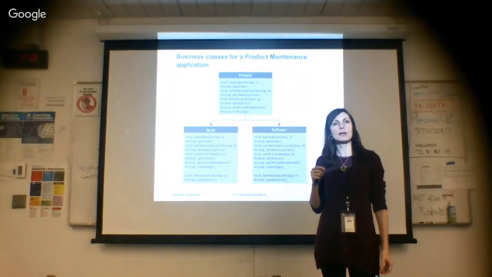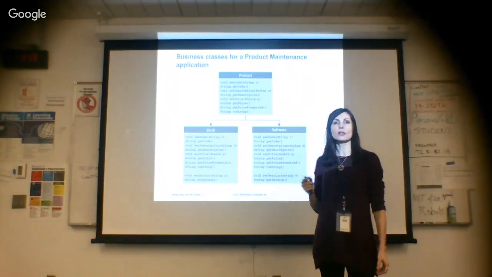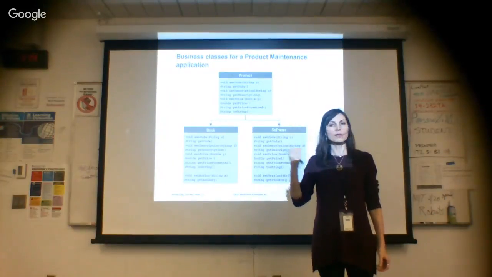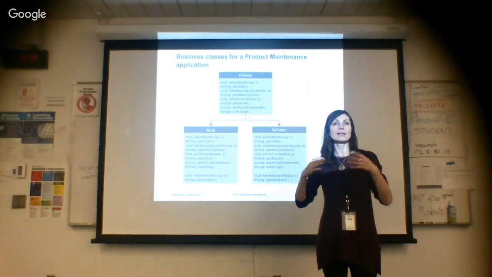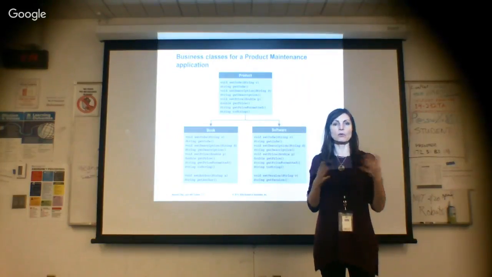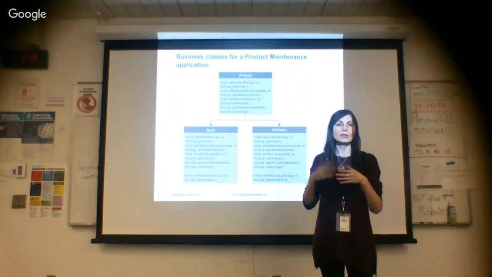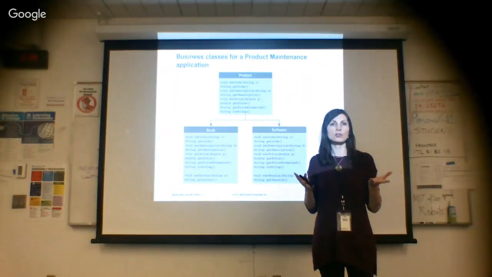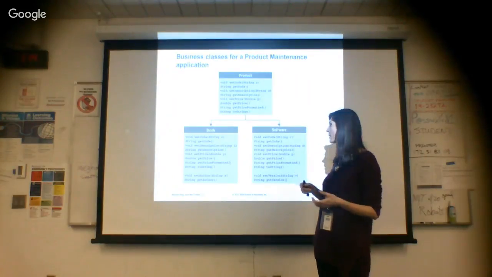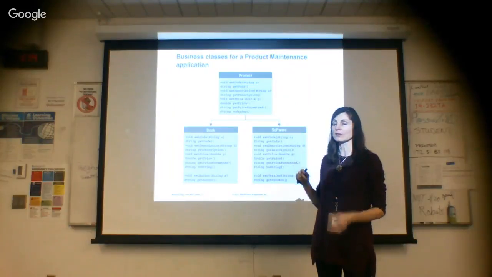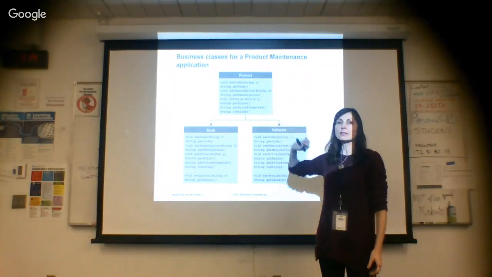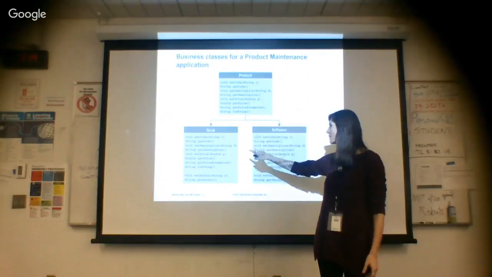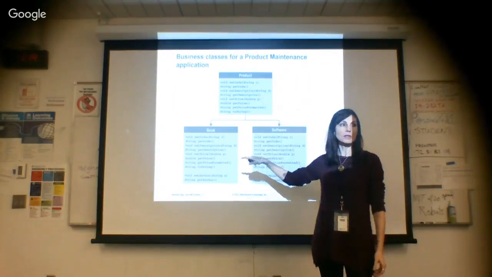So your book and your software class can inherit from the product class, and then they can extend the functionality, the book having, for example, an author, and the software having, let's say, a version number. So this is how you might use inheritance. The product is considered the superclass, and these are the subclasses.